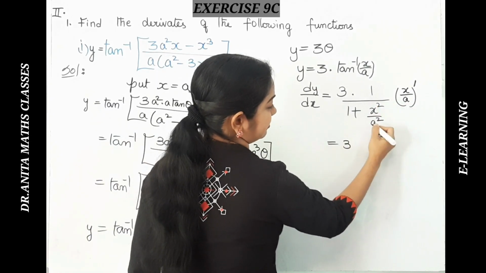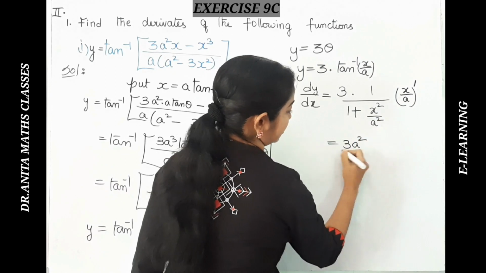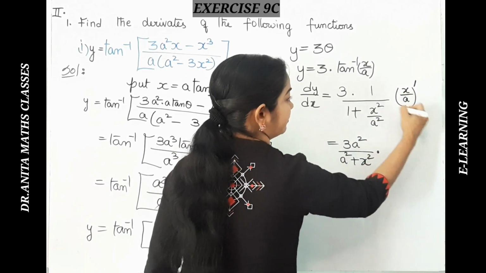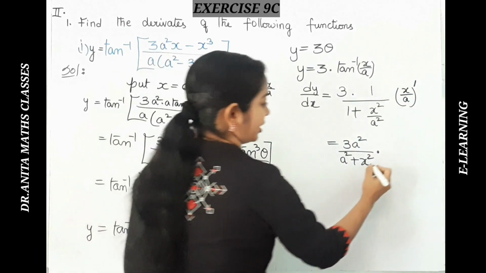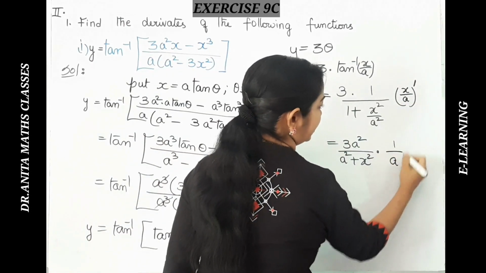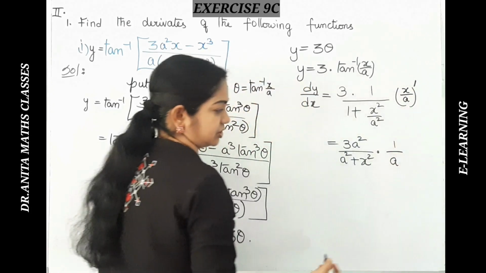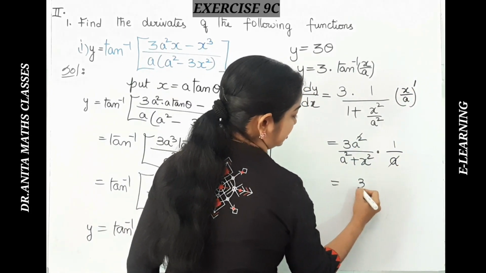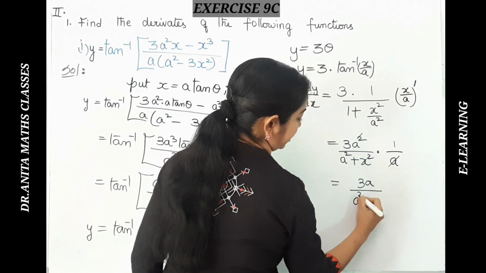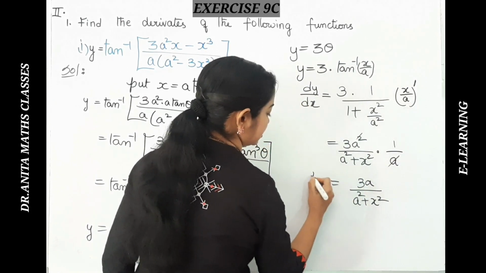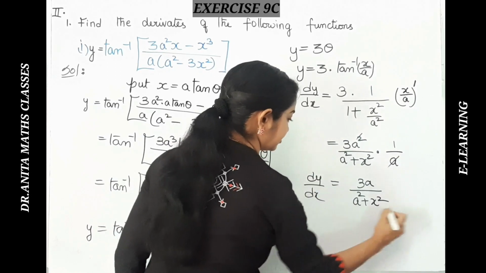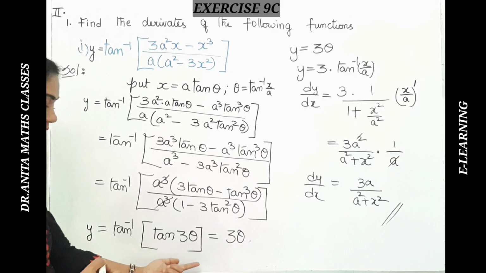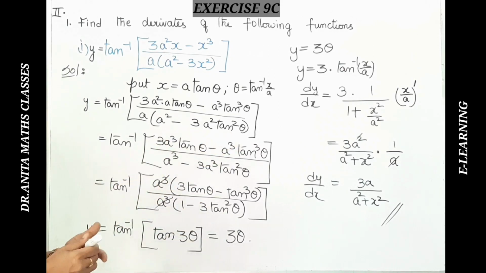If you take the LCM, a square goes up, this becomes a square plus x square, into the derivative of x by a. So 1 by a comes out, dx by dx is just 1. So cancel off one a here, and this comes to 3a divided by a square plus x square. This is the differentiation. So what we have done is first resolved it using the trigonometric formula, then found the derivative.